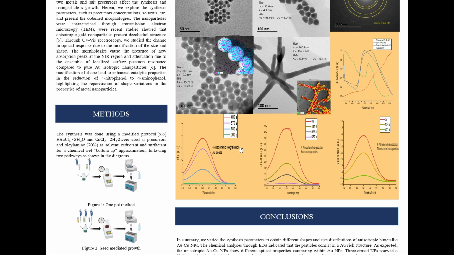We can see that the control takes 960 seconds to reduce 4-nitrophenol. Meanwhile, the other structures have good activity compared to the gold seeds. We can see that the other structures take less time to reduce the same 4-nitrophenol concentration in a solution.